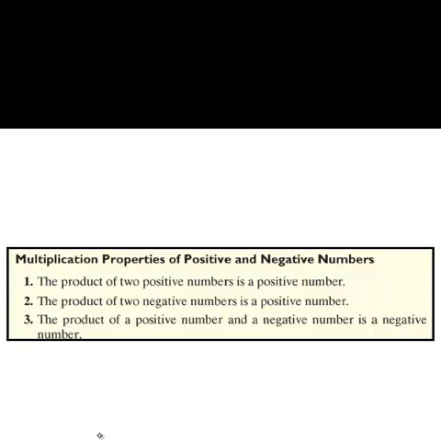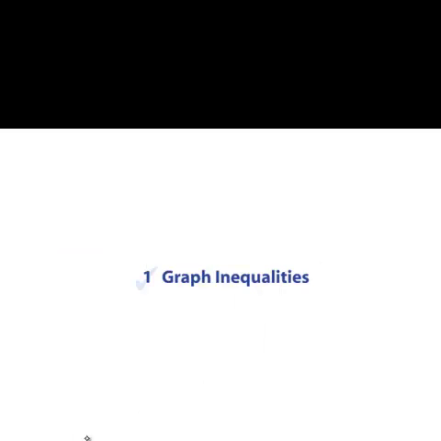Now, it makes sense for us to multiply two positive numbers to get a positive number. But we also have to remember that when you take two negative real numbers and multiply them together, the result is also going to be a positive number. And if you take a positive times a negative number, the result is going to be a negative number. All right, so that's something to remember.